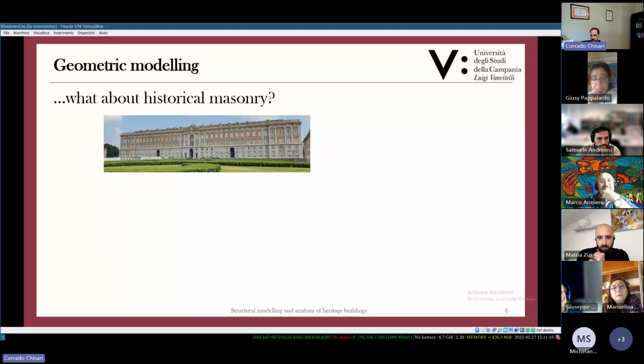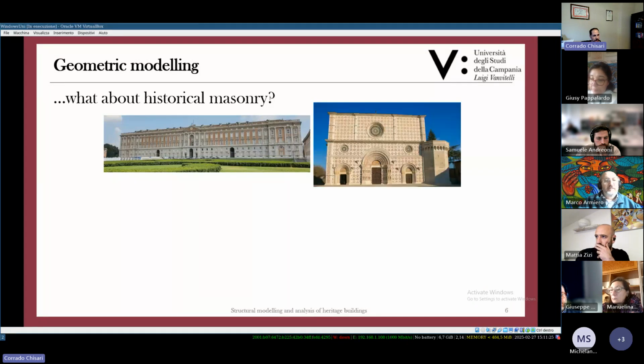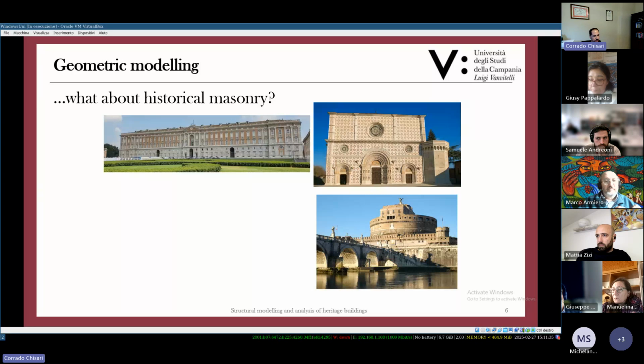Firstly, historical masonry, which represents the largest part of our historical heritage, may assume the form of a palace. Here you see Caserta Royal Palace. Maybe a church, like in this case a church in L'Aquila in Italy.